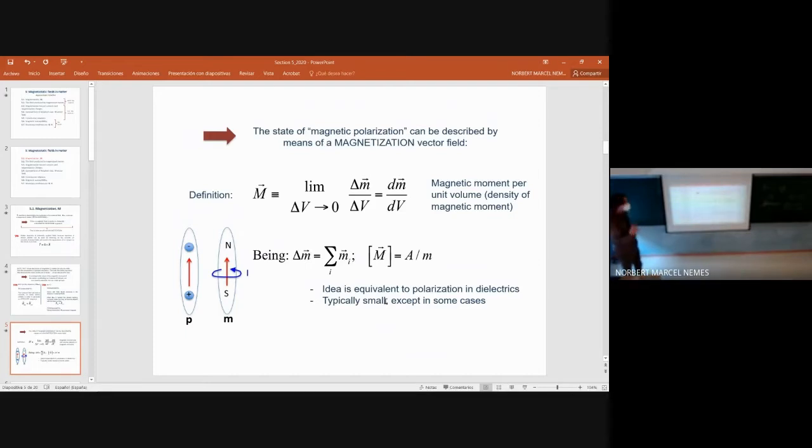It's the current running around times the area of the loop, and that will be the magnetic moment. And when we divide it by a volume, then the units of the magnetization M will be ampere over meter. It does not, unfortunately, have the same units as the B field. The B field has units of tesla, which are not ampere over meter. And that's another complication of magnetism, that the units are all kind of complicated. And that's where the mu zero comes in, right? To take care of the units.